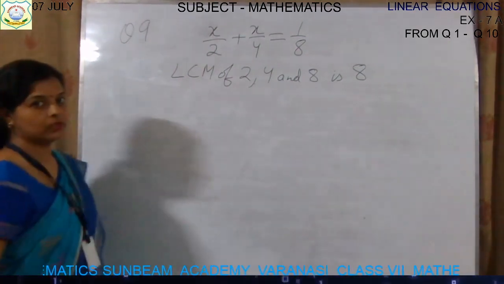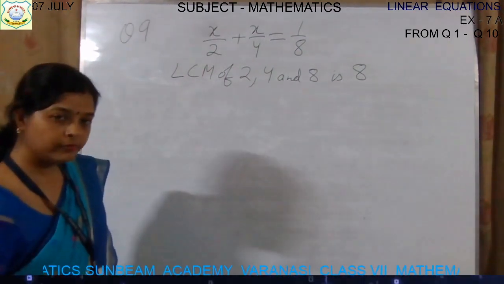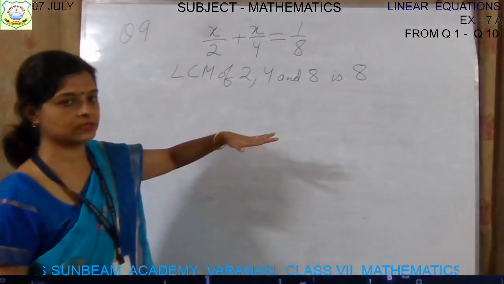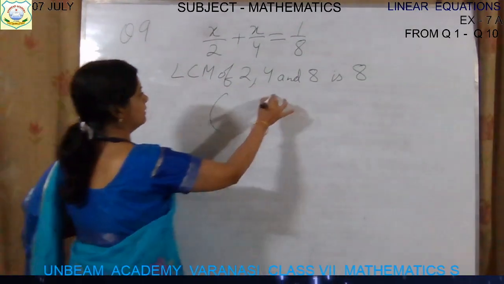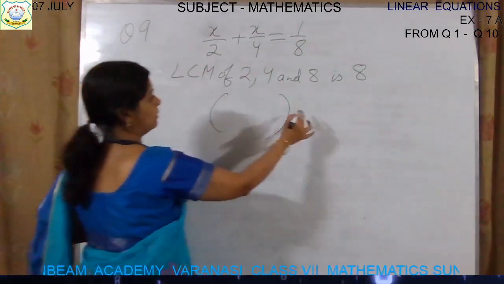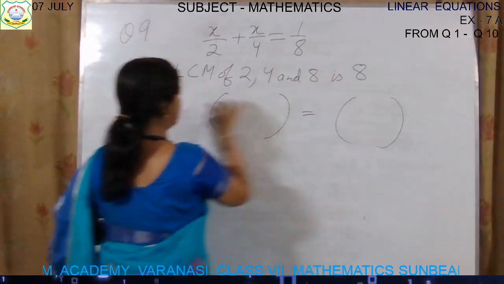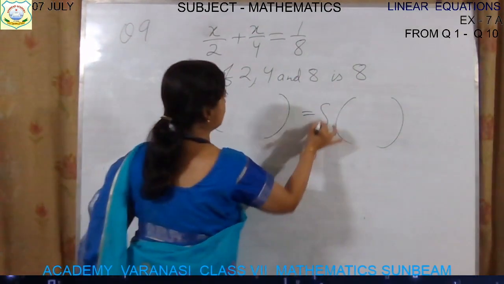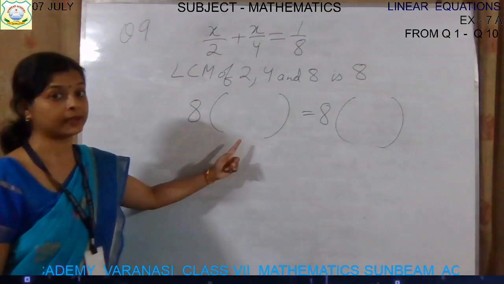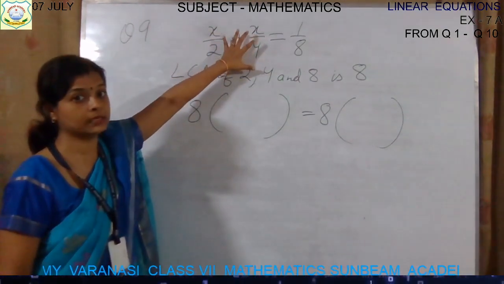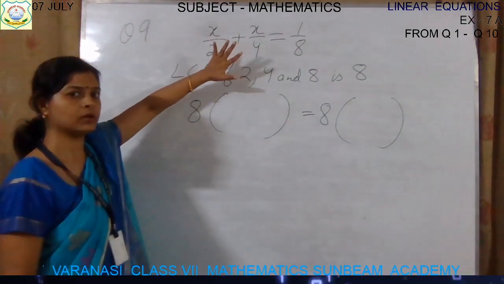Now, what will we do? We will multiply this LCM on both sides. Whatever our LHS is, whatever our RHS is, we will multiply by 8 on both sides. Multiply 8 on both sides and keep the bracket, children, because this 8 will multiply with both the terms on the left hand side.